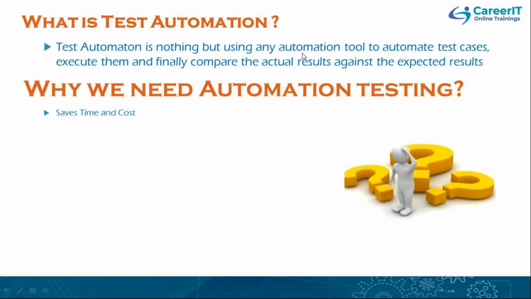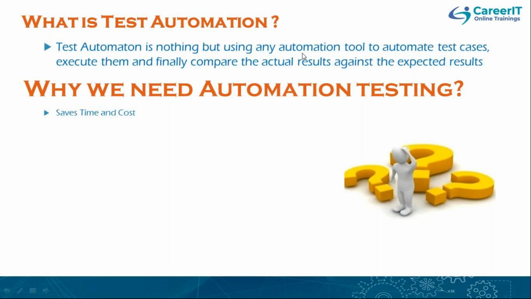It will run fast because automation always runs faster. Also, we can run our automation scripts in parallel. I can run 5 test cases at a time, 5 browsers will be opened and it will execute them. That is possible.